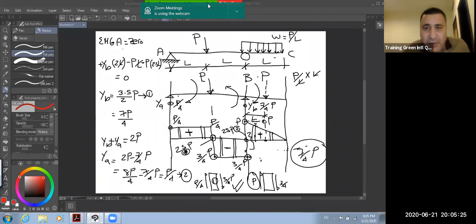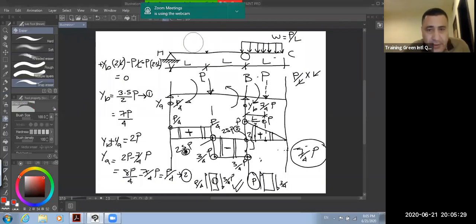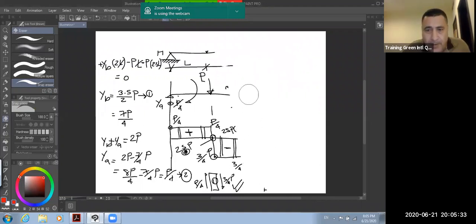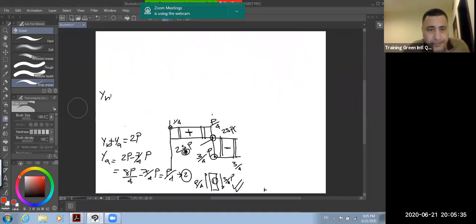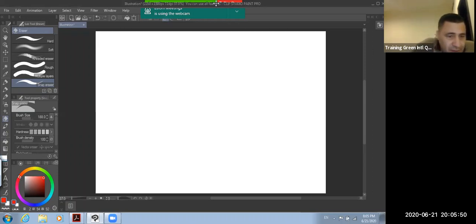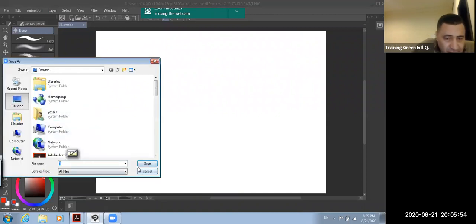I have some questions and some notes from one engineer. Let me check what he wrote. Okay, kindly requested, if you have time, to solve the shear force and the moment related to this. Thanks. But I can open it? I don't know how to save it.